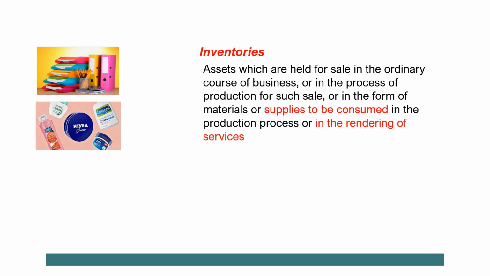What are the other account titles under current assets? You have inventories. And what are inventories? These are assets which are held for sale in the ordinary course of business, if the business is in merchandising or trading, or in the process of production for such sale, in the case of manufacturing businesses, or in the form of materials or supplies to be consumed in the production process or in the rendering of services.